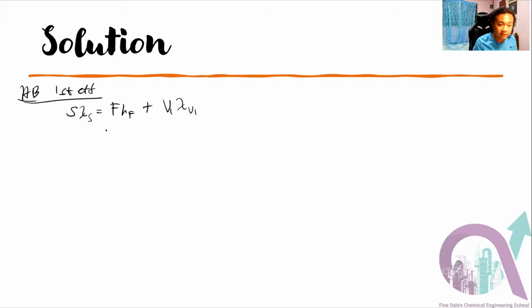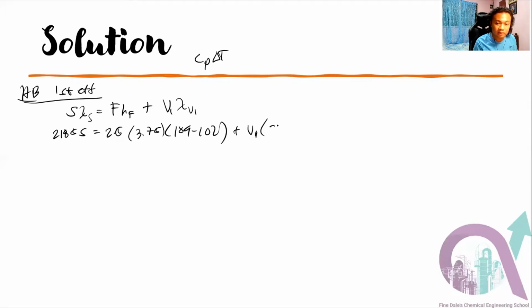So you have 2185 S plus 2.5 times 3.75. HF is CP delta T. Okay, that's HF. You have 109, 102 plus V1, 2232.